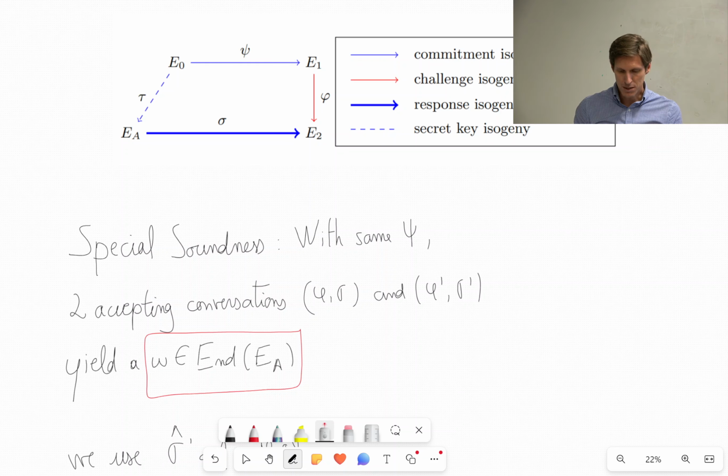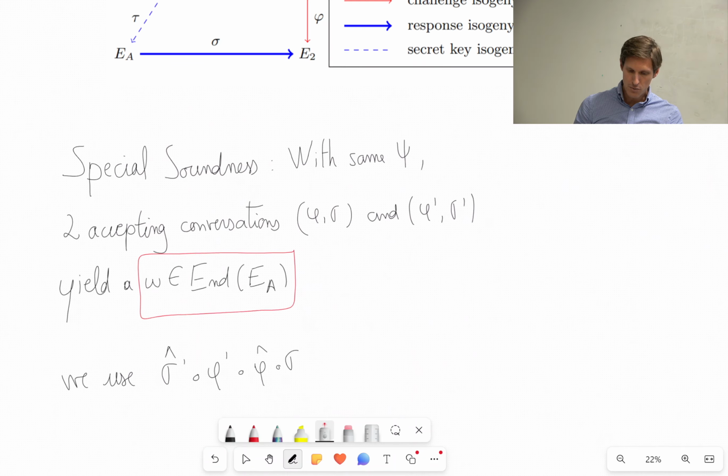In this case, if you find two different paths, you can compose those paths, going one direction and then the other, and then you create an endomorphism, a little bit like when we were talking about those cycles in the hash function graph, where if you had two ways to travel from A to B, that gives you a cycle. Here it's exactly the same thing. So it proves that if you can answer two questions, then you should in fact have the witness.